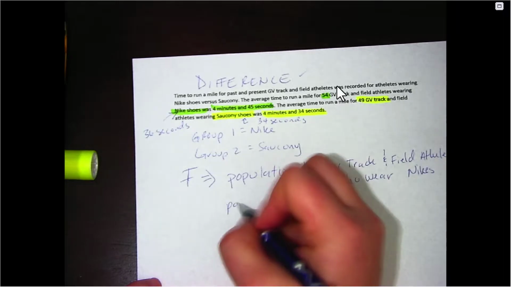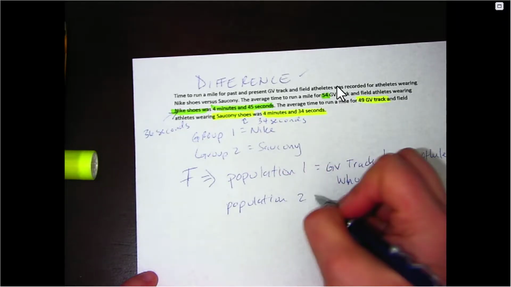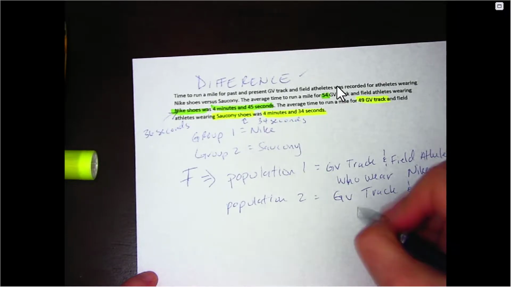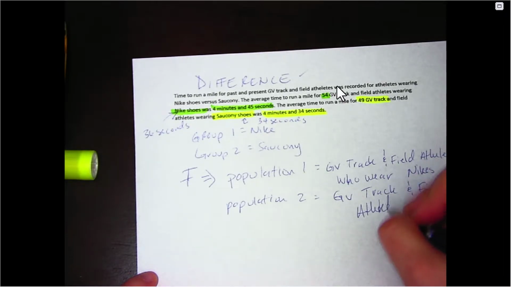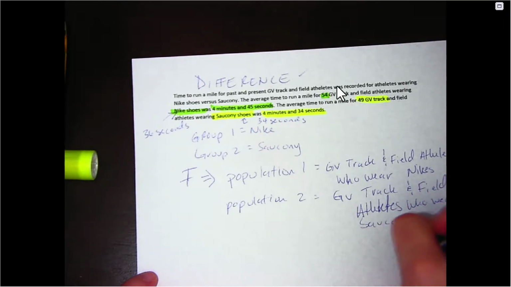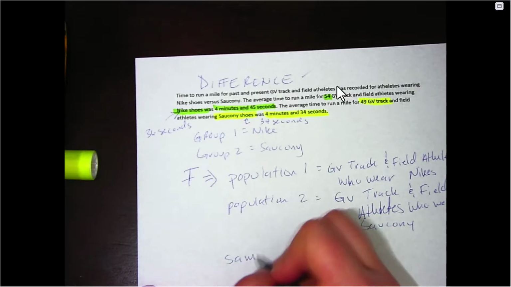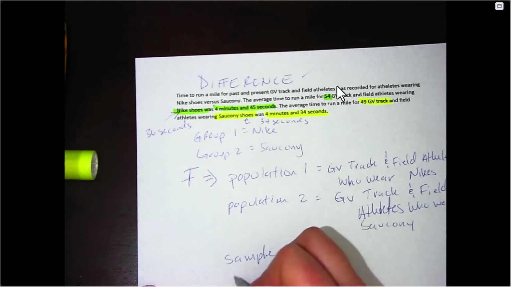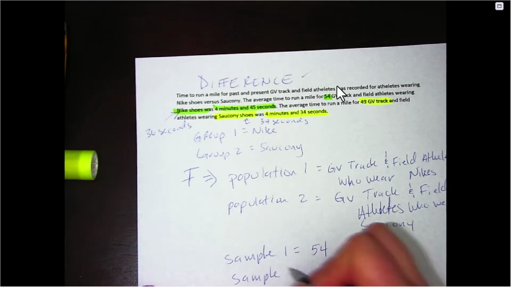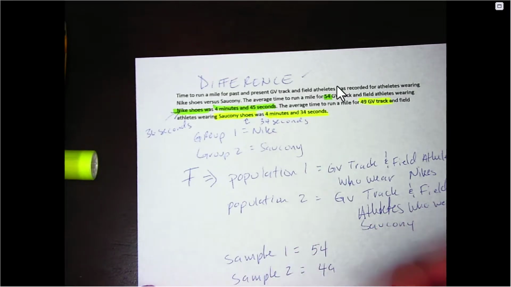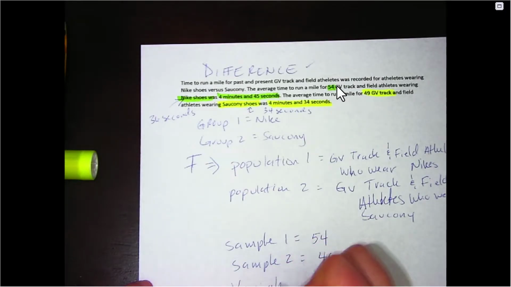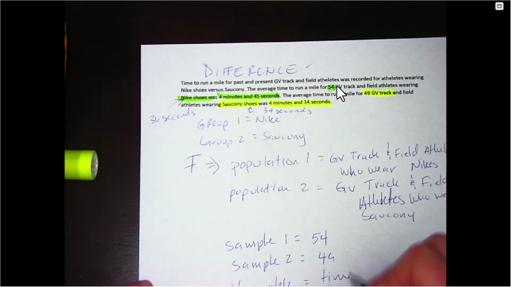And then population 2 would be GV track and field athletes who wear Saucony. And then the samples, I'm not going to write out the whole thing, but this would be 54 and this would be 49. Again, I'm doing it from what we have up here. And then the variable is time to run a mile.